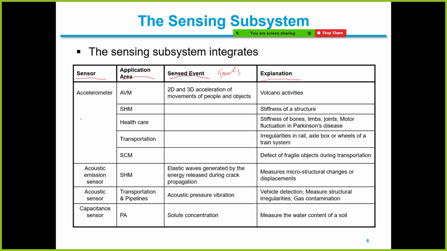So first, the accelerometer. This sensor is widely used in wearable wireless sensor networks and wearable wireless devices. Actually, on smartphones we have this accelerometer, and in the Apple Watch and some other wearable devices.